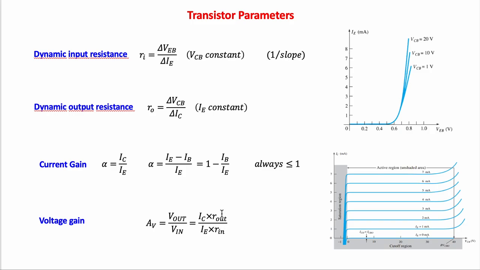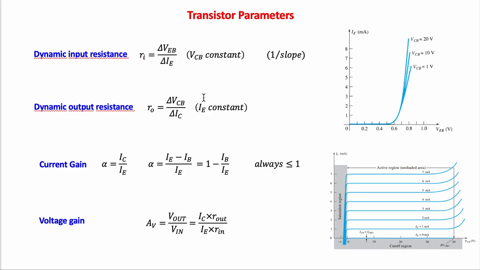We know that the output of the transistor is a reverse biased circuit, because it's the base and collector region that is reverse biased, so the resistance is really high.